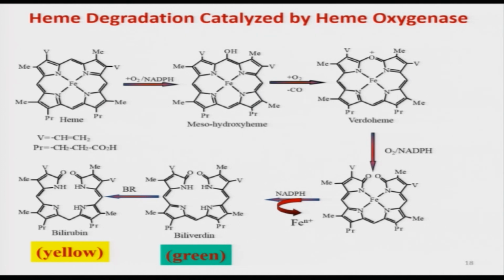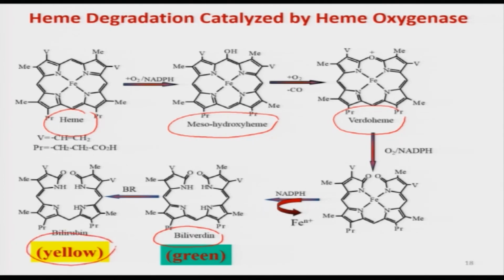So, heme undergoes decomposition, first formation of mesohydroxyheme. The heme is dark red in color, and then the verdoheme, then the iron biliverdin complex. After demetallation, it converts to biliverdin, which is green in color, and this biliverdin converts to bilirubin, which is yellow in color.